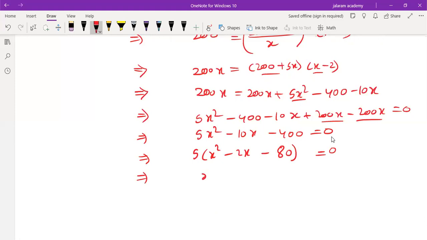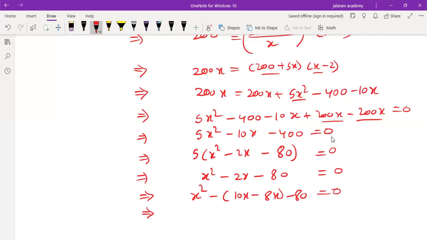And factors of 80 whose difference is 2: 10 8s are 80 and the difference between 10X and 8X is 2X. So we write X square minus 10X plus 8X minus 80 equals 0.